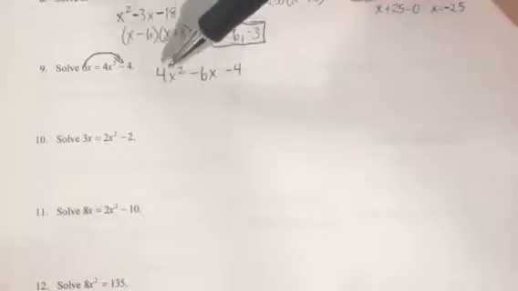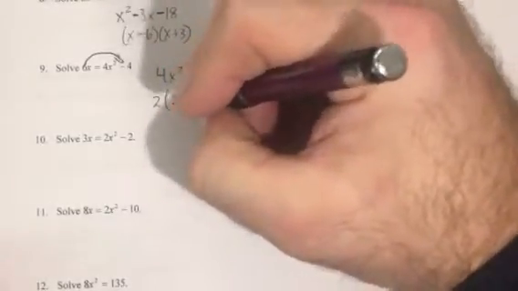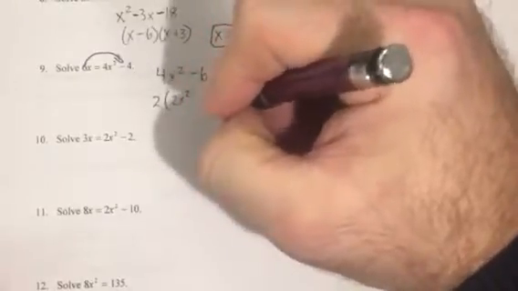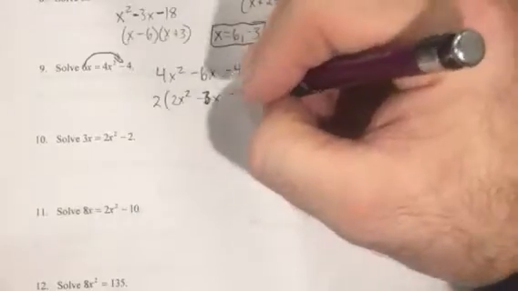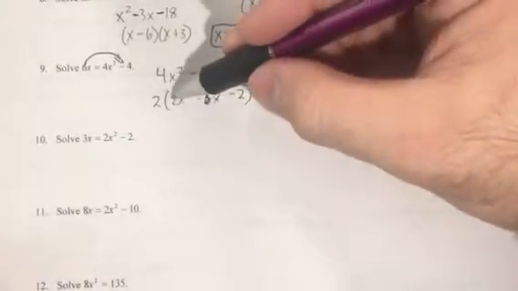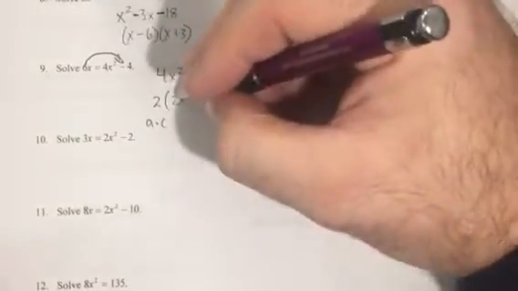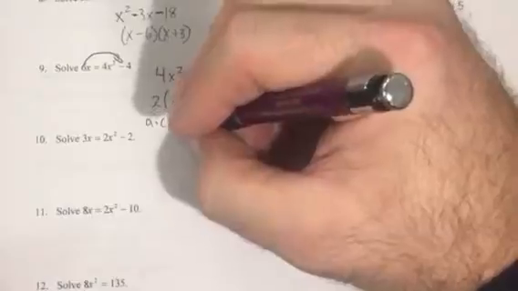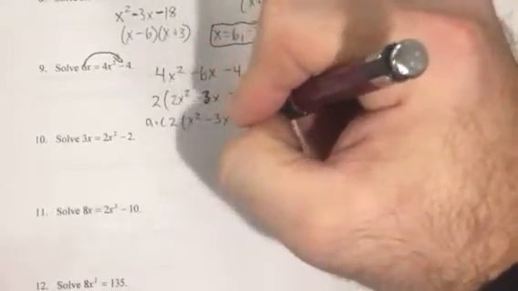I'm going to need to take out 2. That's what I first want to start with. That's going to be 2 times 2x squared minus 3x minus 2. Now I can start my advanced factoring. Take 2 times negative 2. So I have 2x squared minus 3x minus 4.